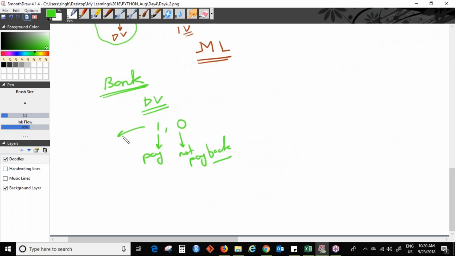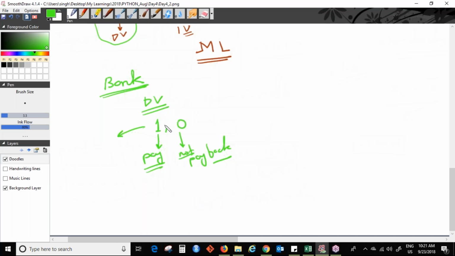And what is the variable type of this variable? 1 and 0. Tell me guys, what do you think is the variable type of this? Whether somebody will pay his loan or will not pay his loan. What is the variable type of this, from what we learned just before the break? Yes, it is nominal.